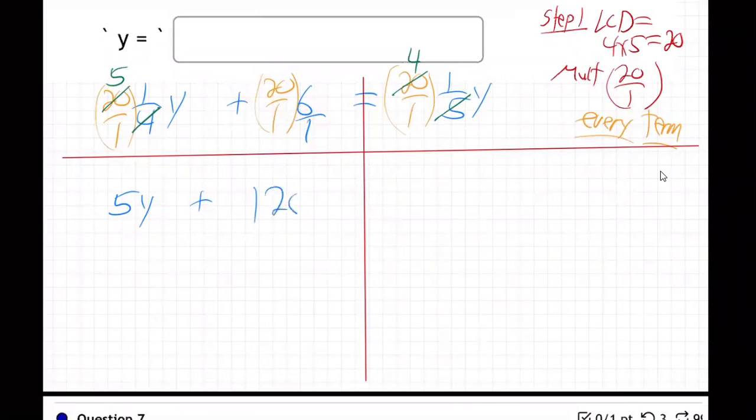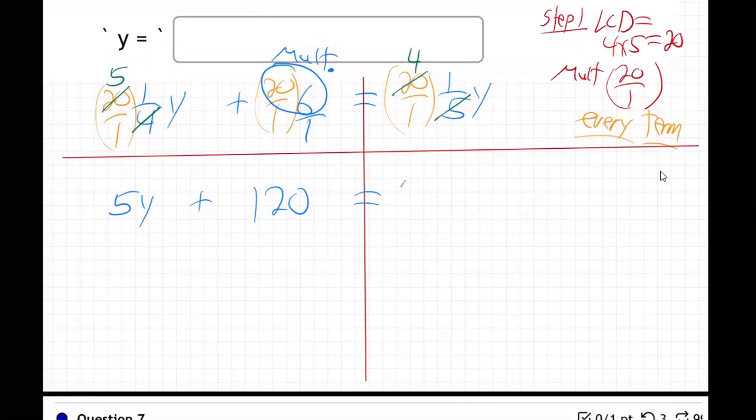It's going to be 120. Do you see that? They multiply, because they're both in the top. Things that are both in the top multiply. Things that are bottom to top cancel, right? Because that's dividing. But if they're both top, they're going to multiply. So watch out for that.